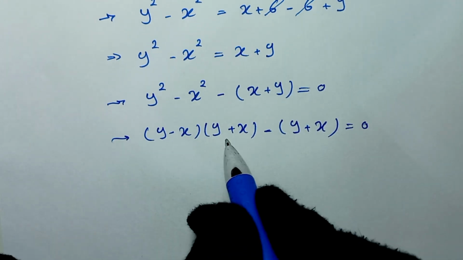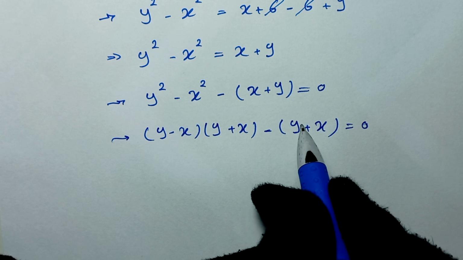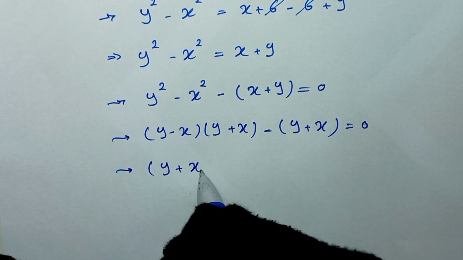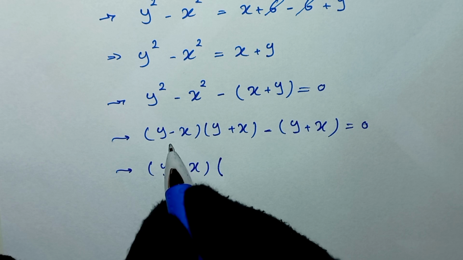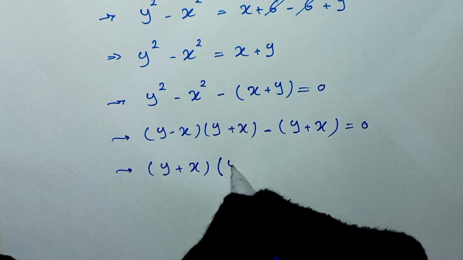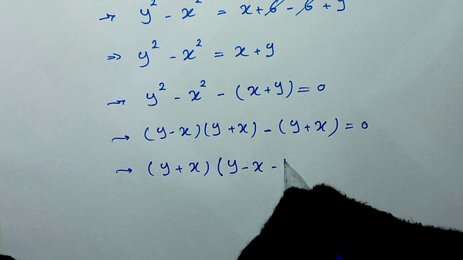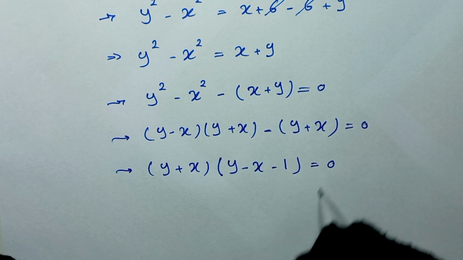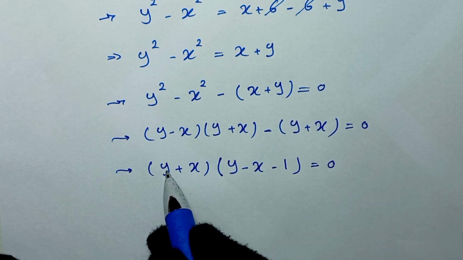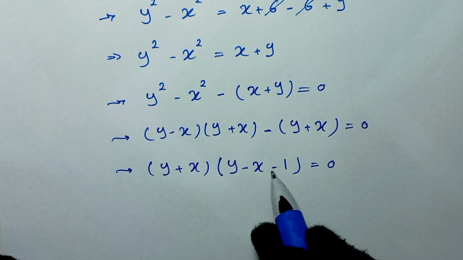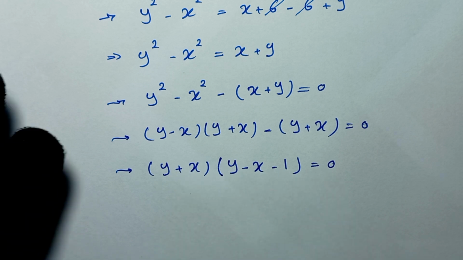And here we factor y plus x, and it will be y plus x times, for this part we have y minus x, and for this part we have negative 1 is equal to 0. So we have y plus x times y minus x minus 1 is equal to 0.